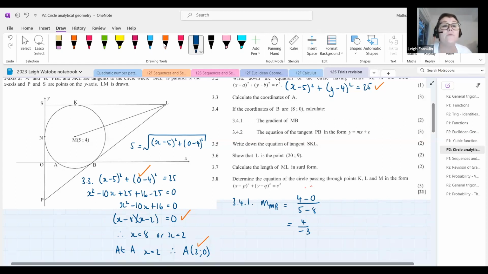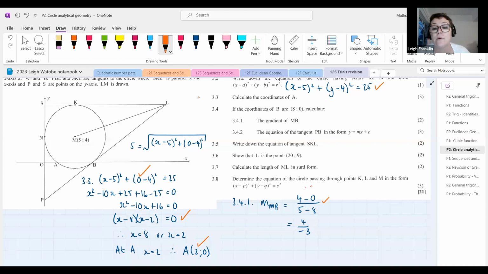So 1 mark for subbing in, 1 mark for your answer. Then in 3.4.2, they want us to calculate the equation of the tangent PB in the form y equals mx plus c. So what are they looking for here for us to get started on this question?